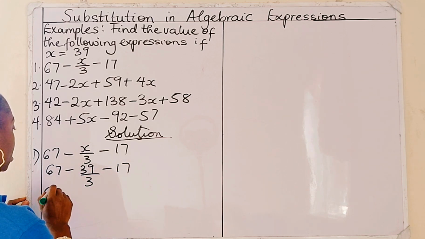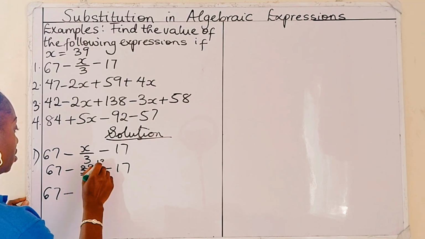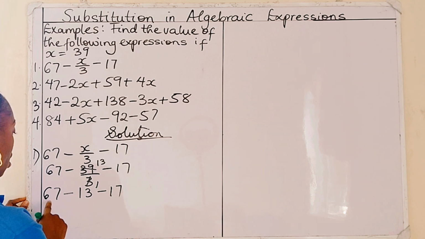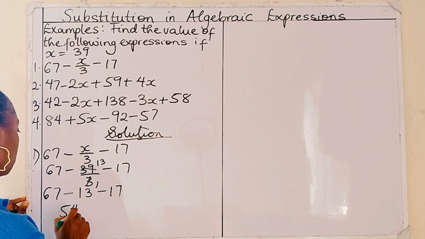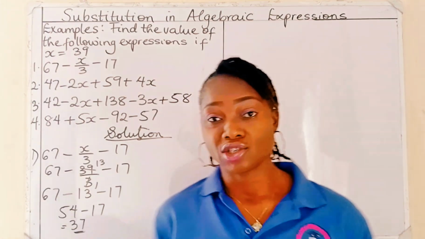Here we can easily say 67 minus 13 minus 17. 67 minus 13 is 54, and 54 minus 17 is 37.